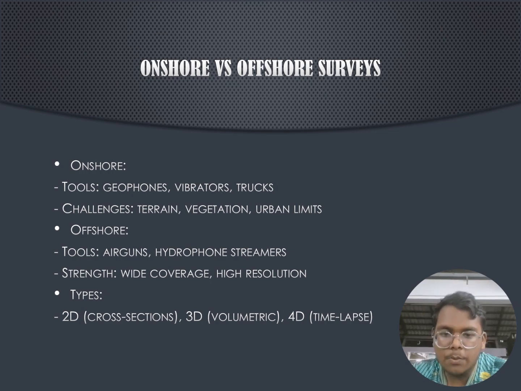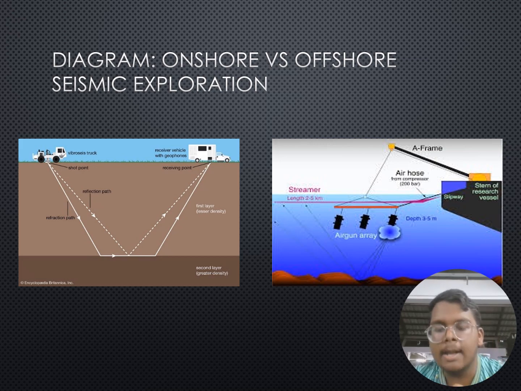Okay, so we can see here there are two types of seismic exploration as I explained before, which are onshore and offshore. The onshore one is like this. Basically, the vibrator will release the wave, and then it will be reflected on the subsurface and go to the receiver.